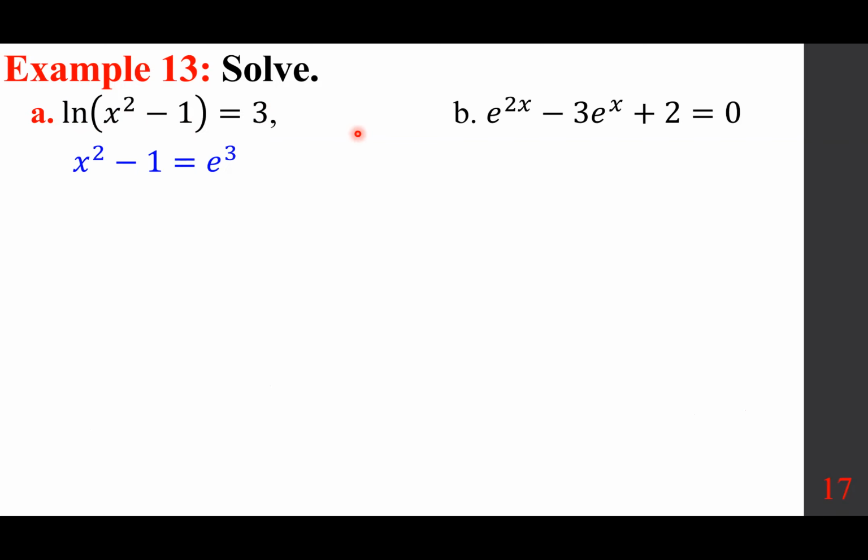So that makes x squared equal to 1 plus e cubed, or e cubed plus 1. And so x is the square root of 1 plus e cubed, and it can be both positive as well as negative. The reason it works is that, remember, when we look at the domain, it must be positive. This thing, whether it's positive or negative, when you square it becomes positive, so we are fine.